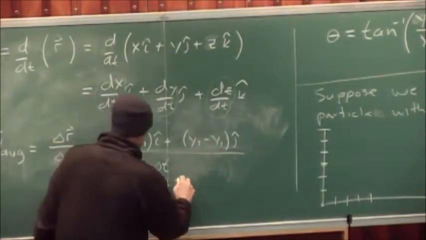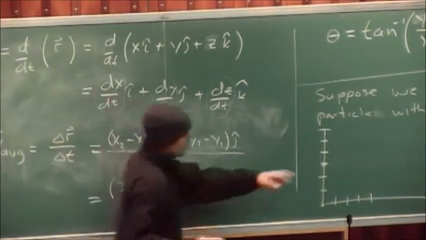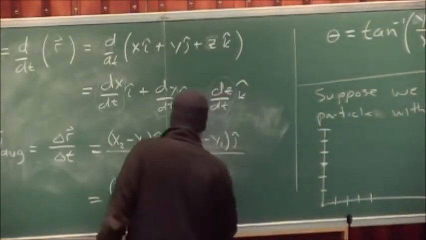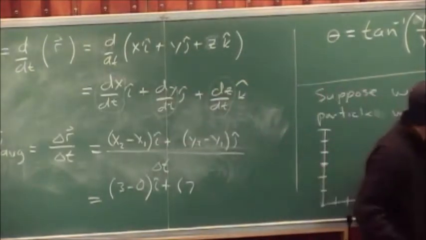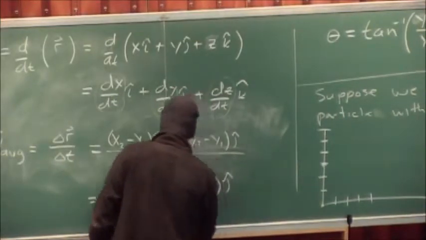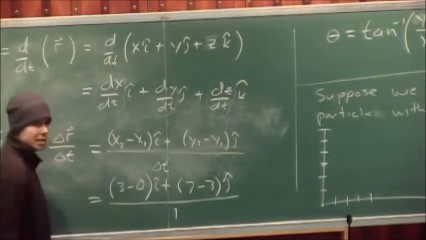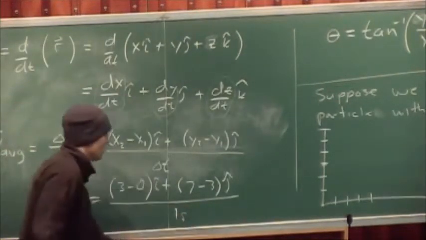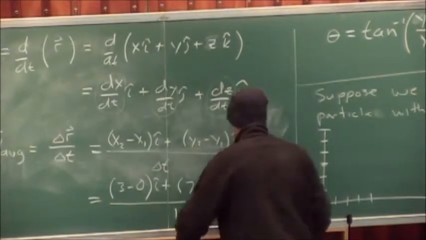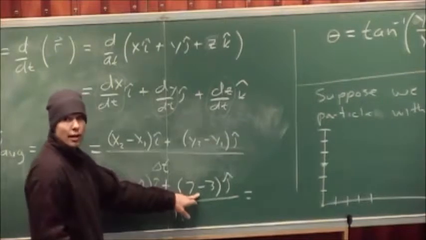And y2 at this point was 7. And at this point was 3. And the total time interval was 1 second. Okay, so we get 3i plus 4j.